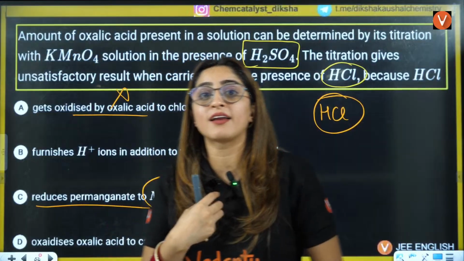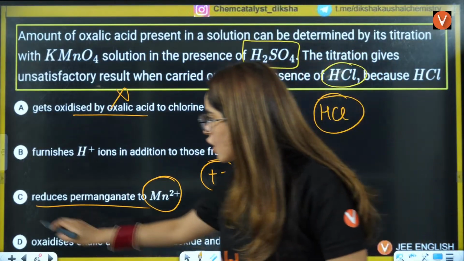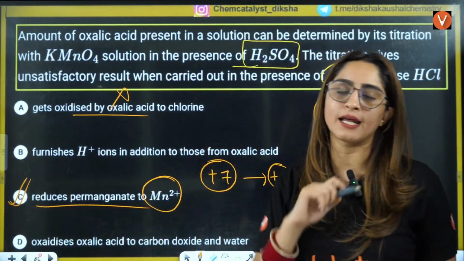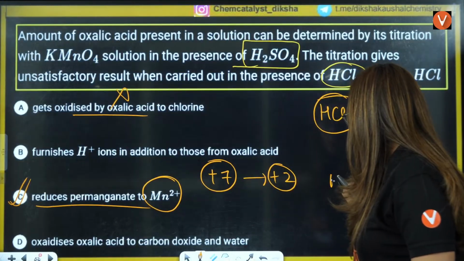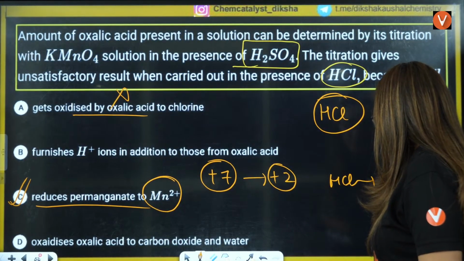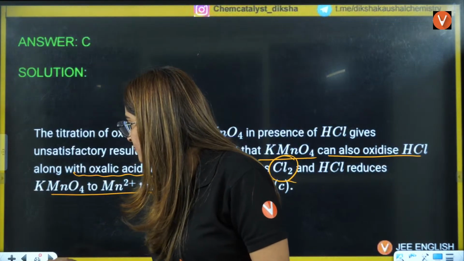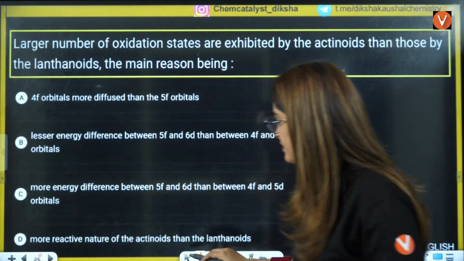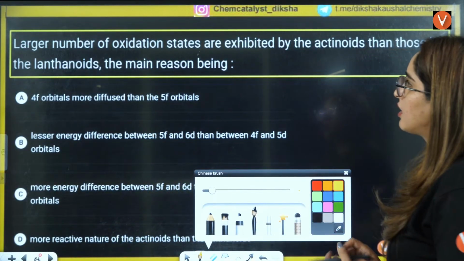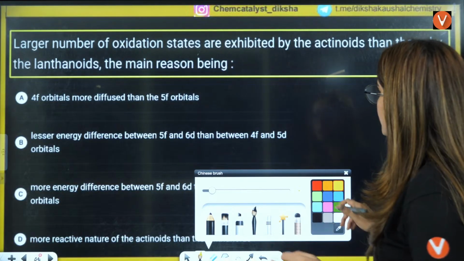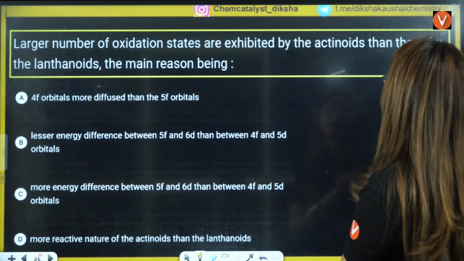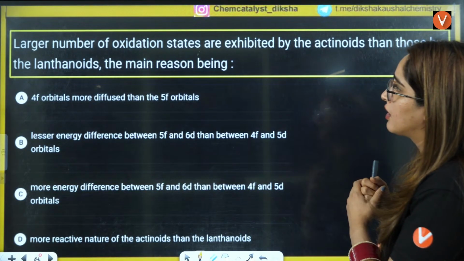That is why it is acting as a very good oxidizing agent. So C is the correct answer here. And it will convert HCl to Cl2. Okay, HCl to Cl2 it is going to convert.